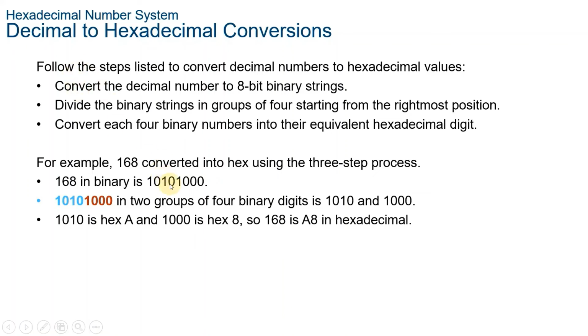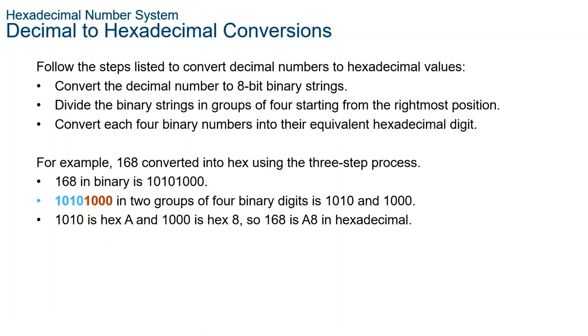The next step is to group this binary into 2 groups, each group having 4 bits. So we have 1010, and then 1000, marked in red here.